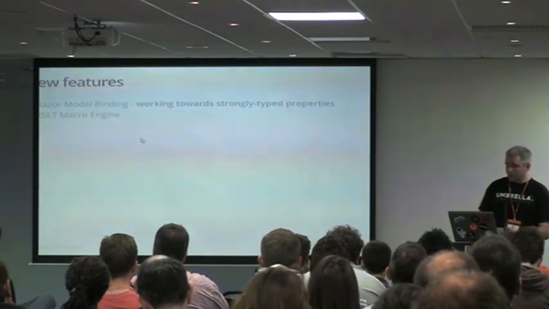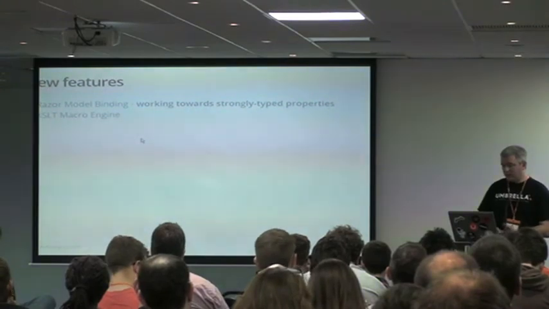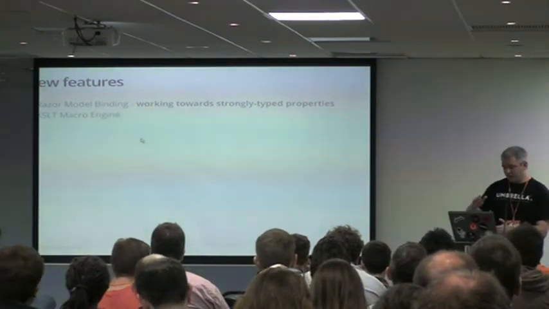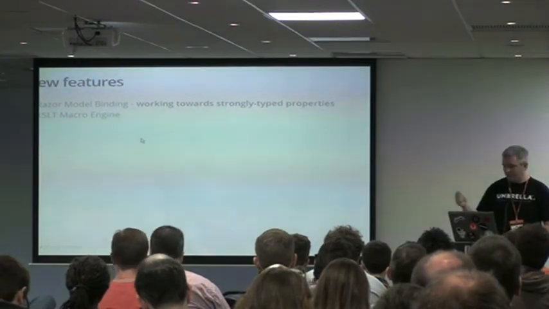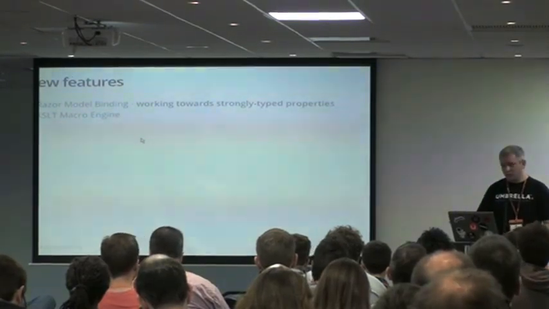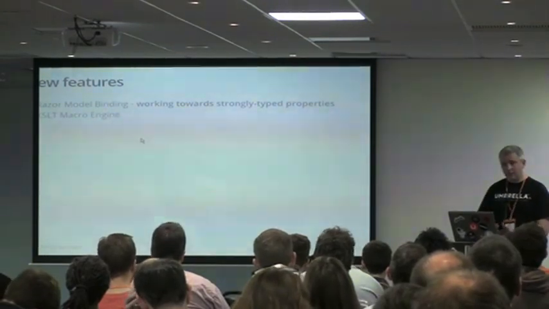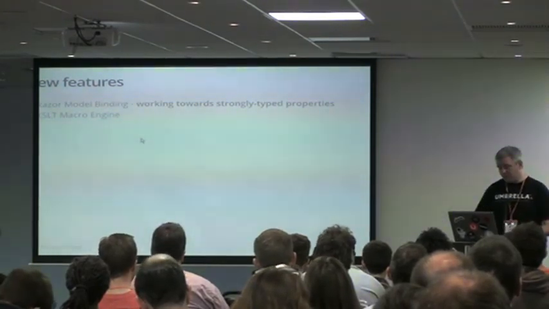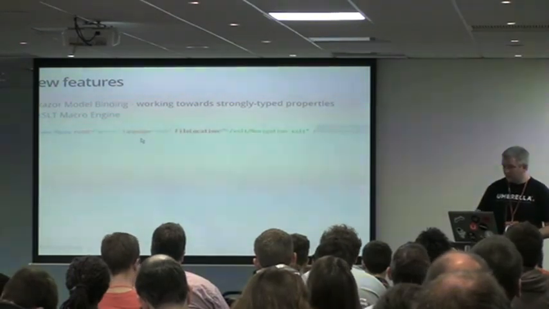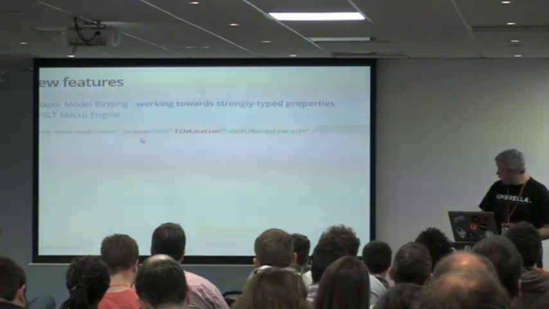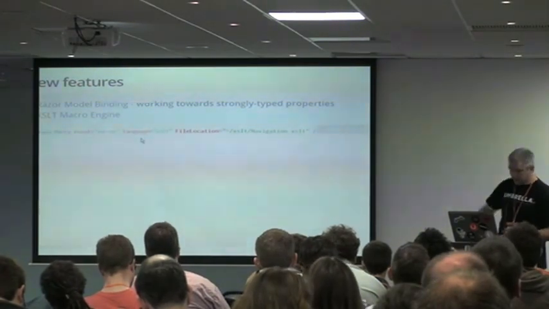We've also introduced some custom macro engines, one of which is the XSLT macro engine, which sort of levels the playing field with Razor, because there are some features that you can do with the Razor macro engine that you can't do with XSLT, like having inline XSLT if you wanted to use that. But one of the key features, or the most important feature of this, is the usage of this attribute called the file location.